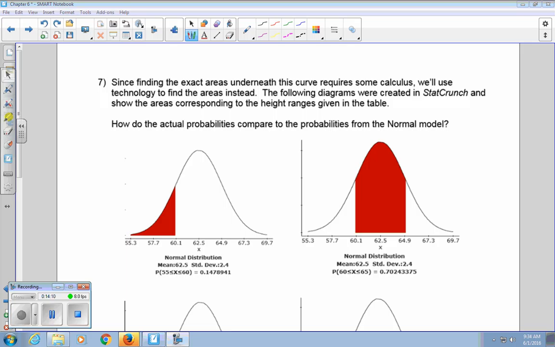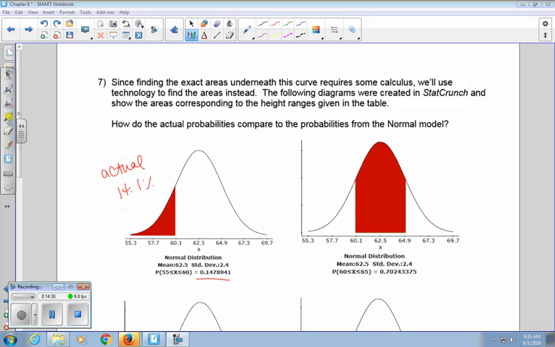So our model found that the area under the curve was 14.7%, and the actual, which I'll write up here, was 14.1% that I'm getting from our table. So that's pretty close, that model's fitting pretty good there.